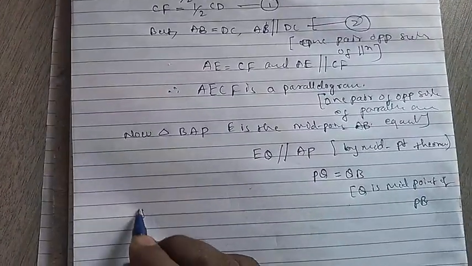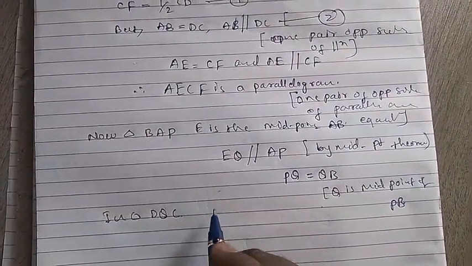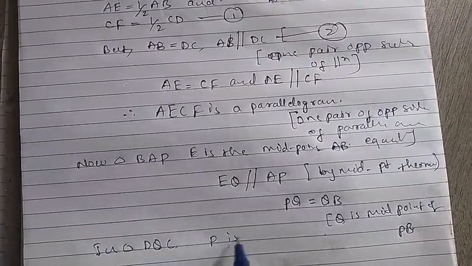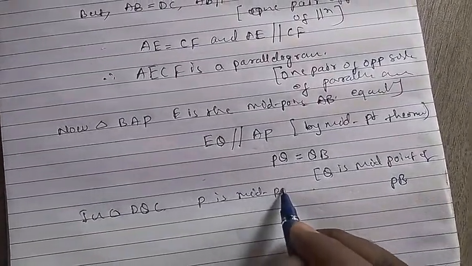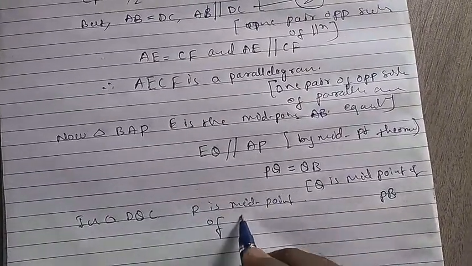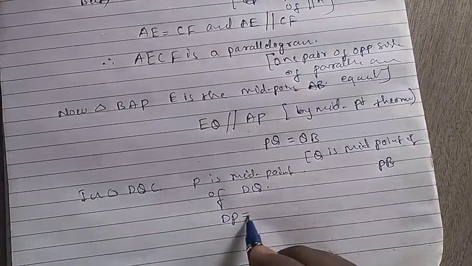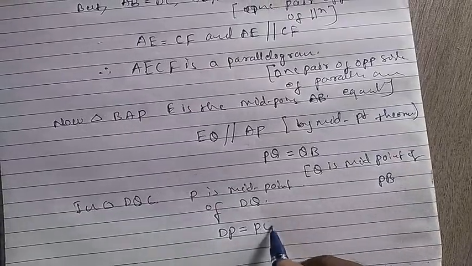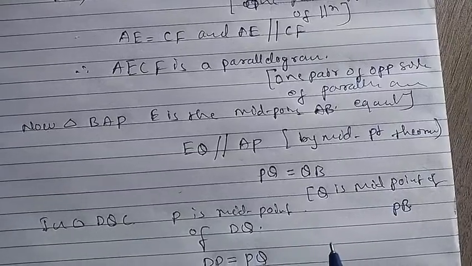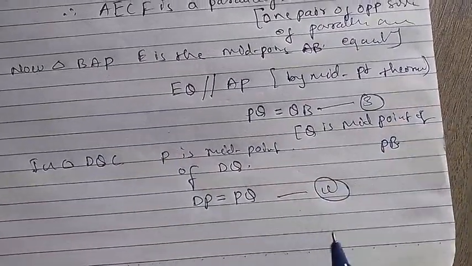So in triangle DQC, P is the midpoint of DQ. So what can you write here? DP is equal to PQ, correct? DP is equal to PQ, you can write here. So this is equation 3 and this is equation 4 here.